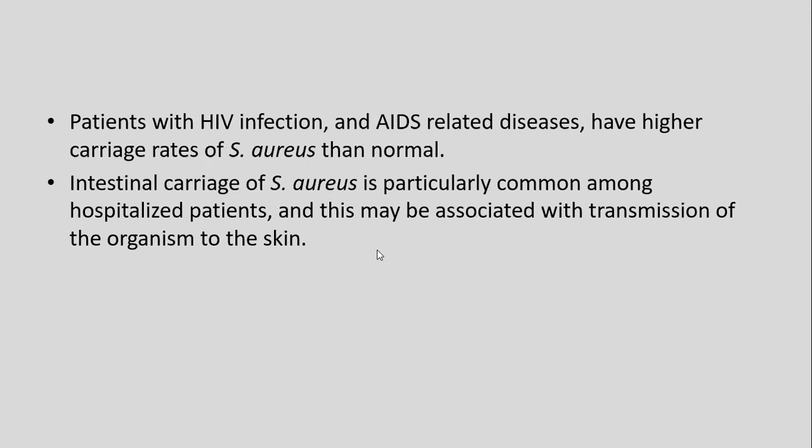Patients with HIV infection and AIDS-related disease have a higher carriage rate of Staph aureus. Intestinal carriage of Staph aureus is particularly common among hospitalized patients, and this may be associated with transmission of organisms to the skin.